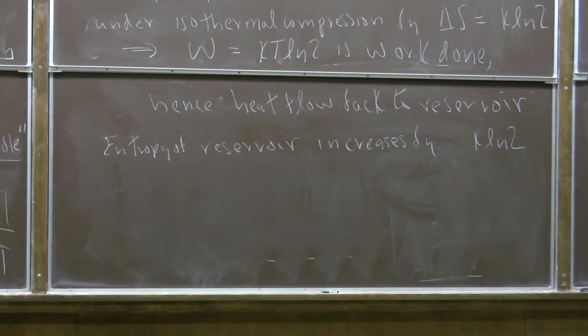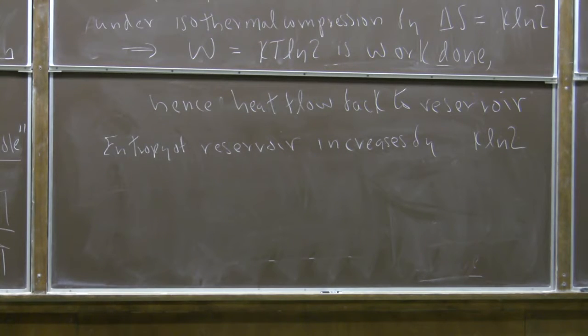So when I got work from the reservoir operating this large machine, I pulled entropy k log 2 from the reservoir. I used that heat to do work kT log 2. Energy kT log 2 that I drew from the reservoir.